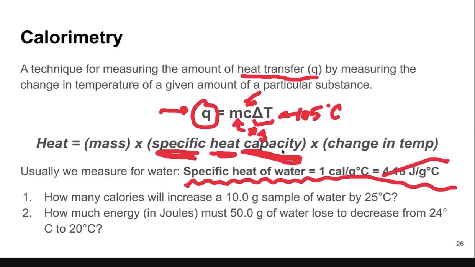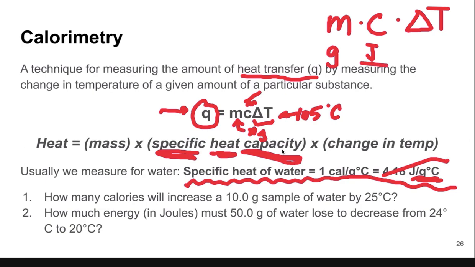And you're like, what kind of unit is joules per gram Celsius? Turns out it works out very nicely because mass times C times delta T, let's do some quick almost dimensional analysis here. If I use grams and then C is in joules per gram Celsius and T is in Celsius, then notice how the Celsiuses cancel and the grams cancel and you're left with joules, which is a unit of energy.